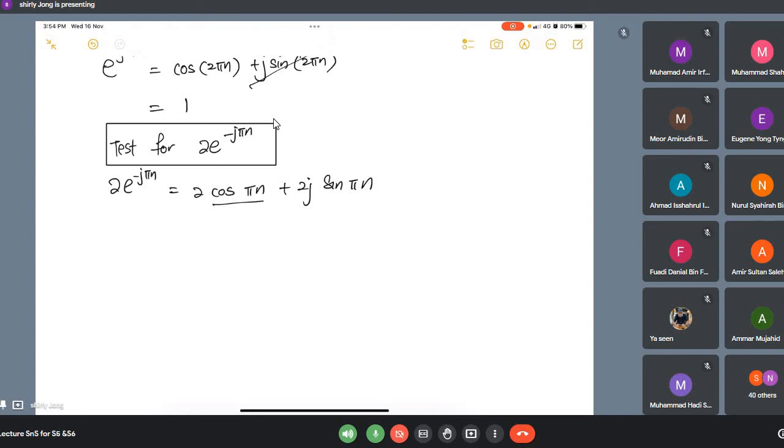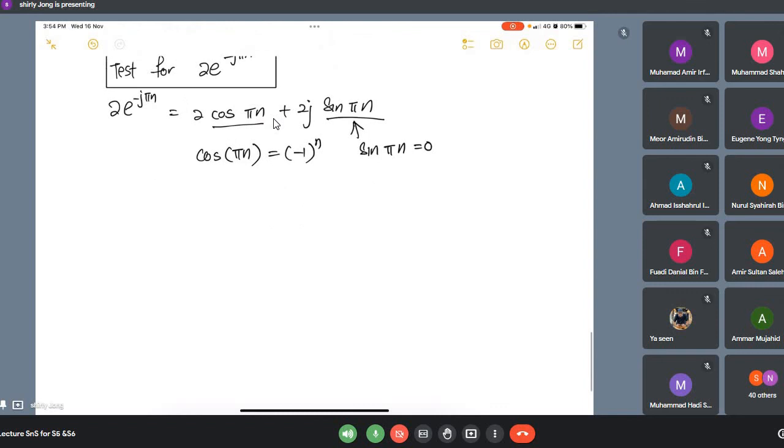The second part is a value of sine, cosine, and exponential function. Cos n pi equal to, in the bracket, -1 power of n. So we need to use this one. So you will change to cos pi n equal to -1 power of n. Okay, so this sine pi n, you will also get 0.